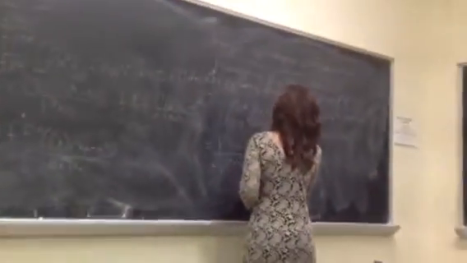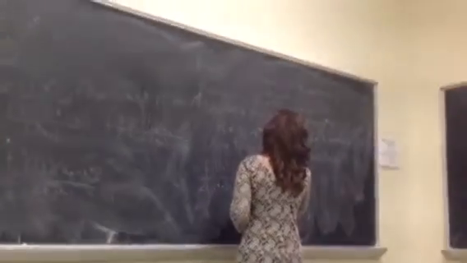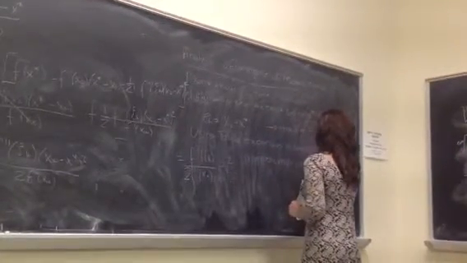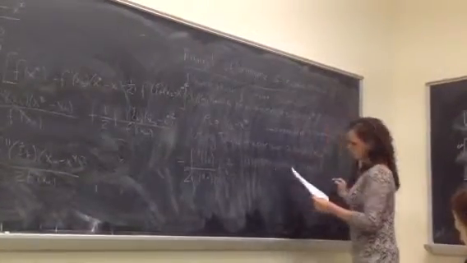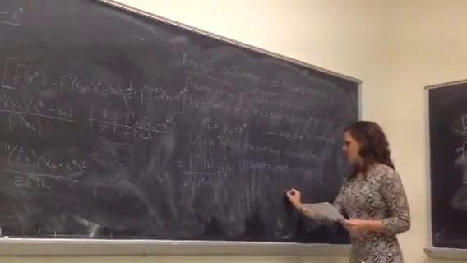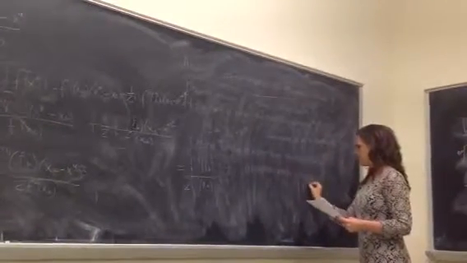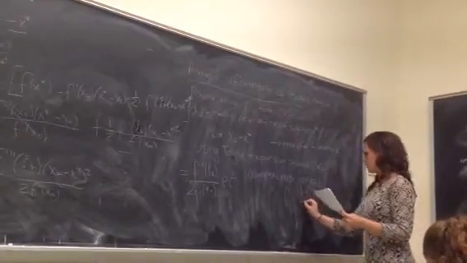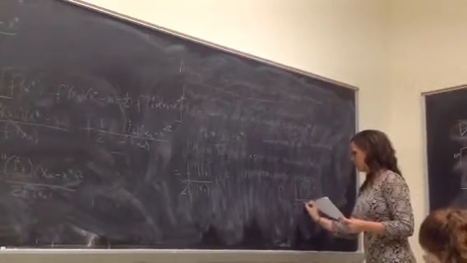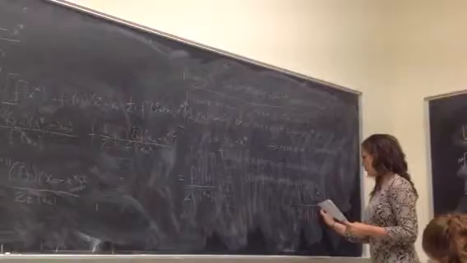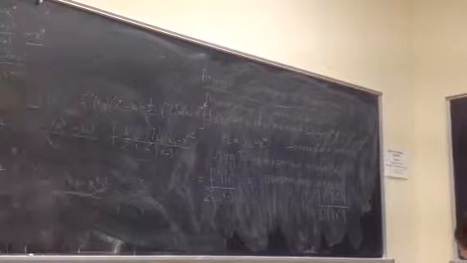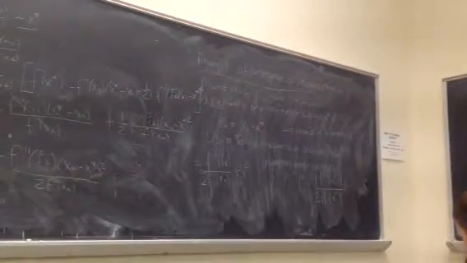So the asymptotic error constant for Newton's method is the absolute value of f double prime of x star over 2 times f prime of x star. So now we've come up with the asymptotic error constant for Newton's method.